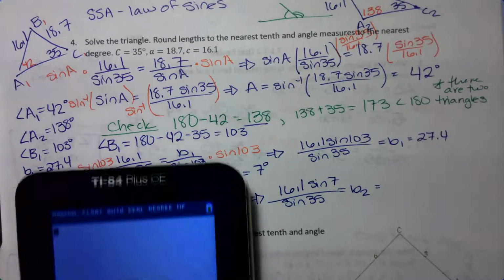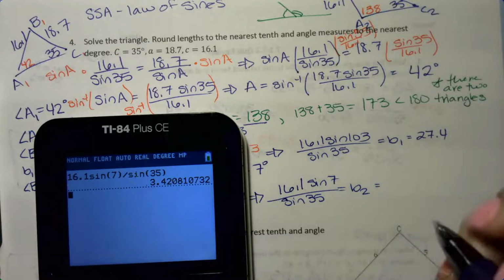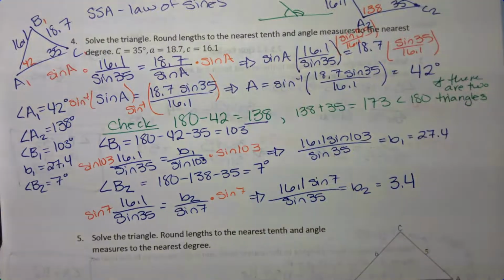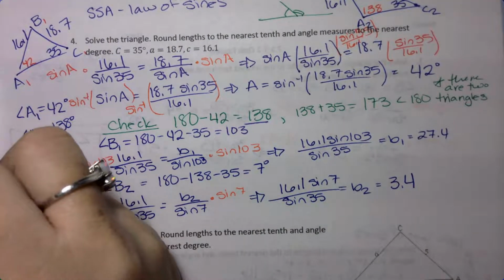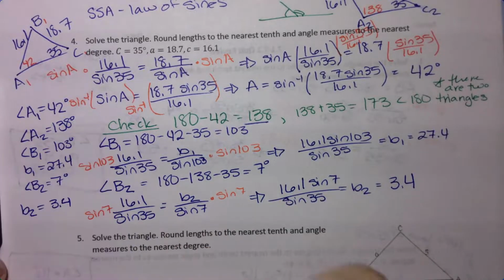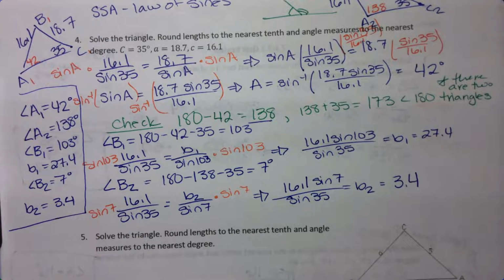Then I just want to type that fraction into the calculator. 16.1 sine of 7 divided by sine of 35 gets me 3.4, because this is a side length, so 1 decimal place. And I have finished this problem because I have found 6 pieces of information.